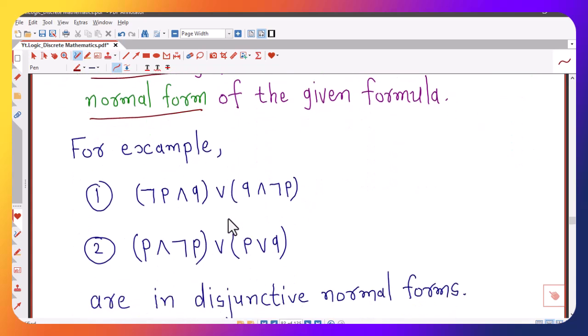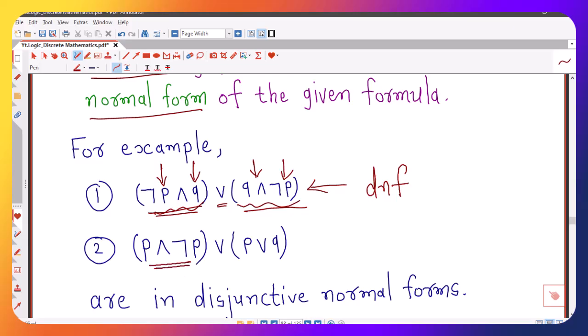Here I have written examples of DNF. Here these two are joined by OR operator, and here we can see we have variables and their negations in the product. Therefore, these two are elementary products, and this is a sum of elementary products. Therefore, it is disjunctive normal form.